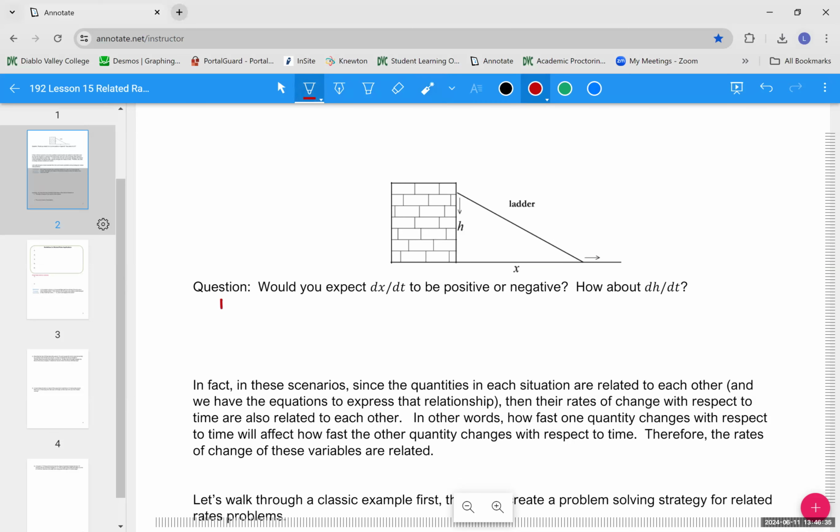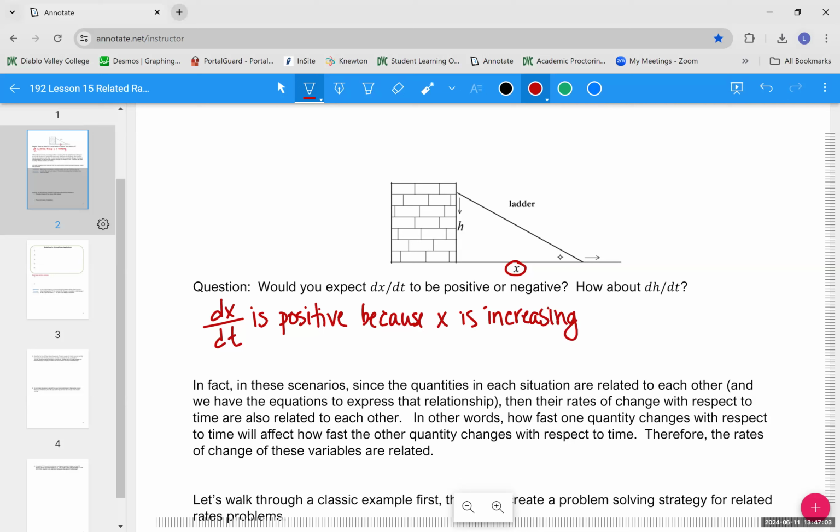And so that helps us answer the questions here. Would you expect dx dt, so the change in this side with time, would that be positive or negative? Is X getting bigger or smaller? X is getting bigger. So this would be positive because X is increasing. So its change over time would be a positive number.